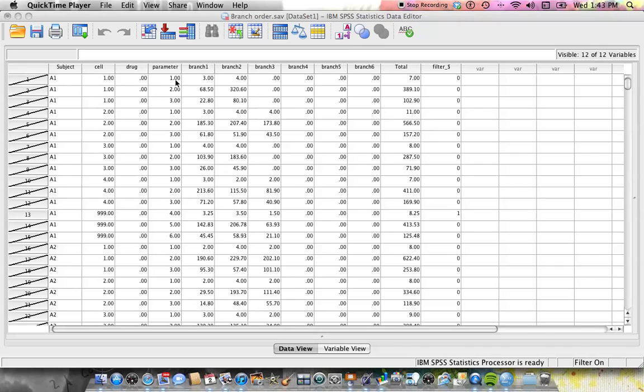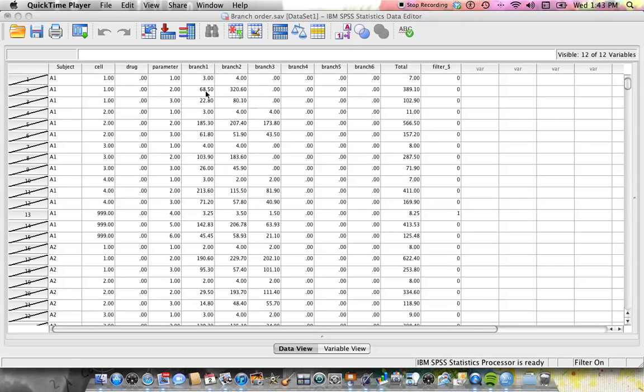So there's a first parameter, which was the number of branches as a function of the branch order. So we identified branch order here, and then this is just the number of branches that occurred at each branch order of cell 1. And then it goes down here for the same thing for cell 2, and so forth. The second parameter was the total length of the dendrite as a function of the branch order.